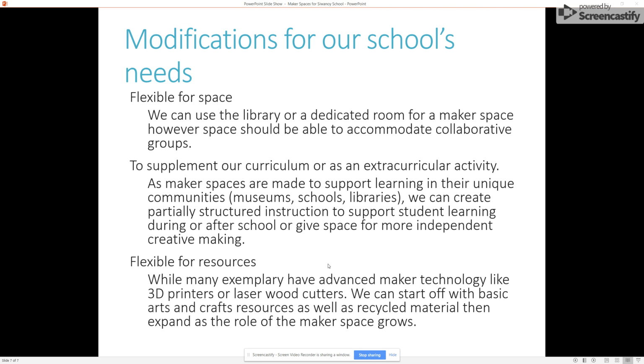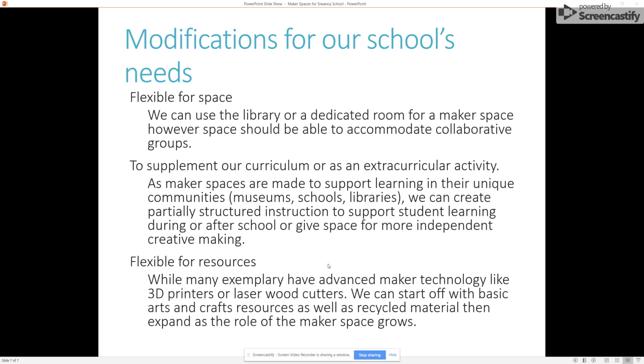And then finally, flexible for resources. A lot of high school programs, particularly places that are using things like AutoCAD, are really excited to get things like expensive 3D printers and wood laser cutters. And that might deter some people from wanting to put them within their school.